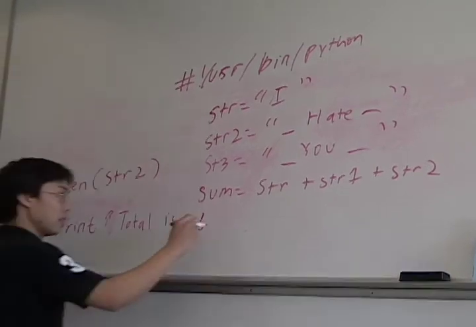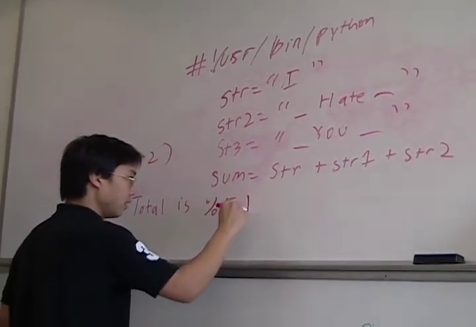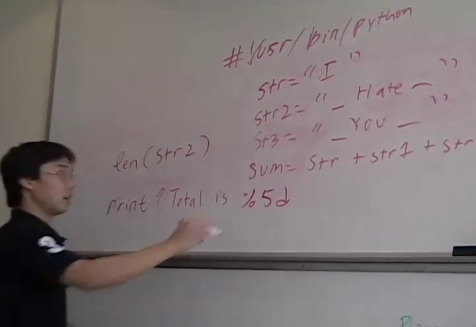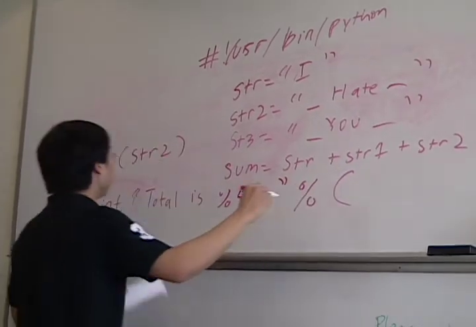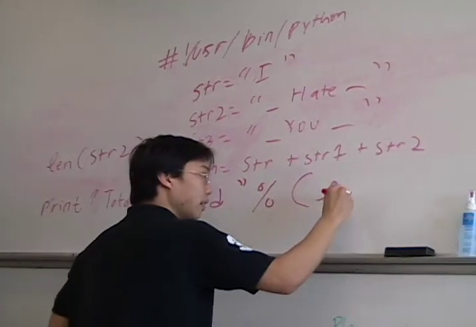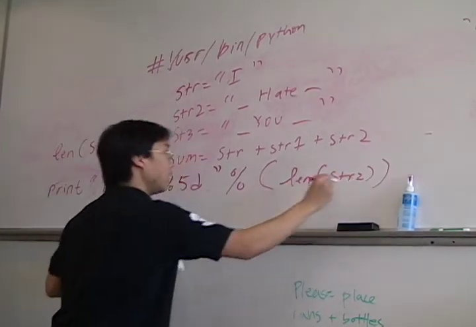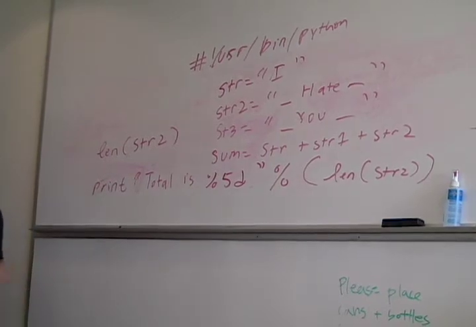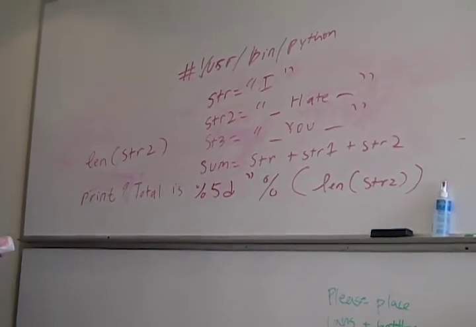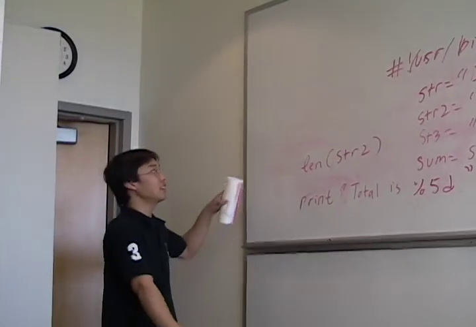Right, so I'll allocate 5 spaces, D, and then I do the modulus to add the variable. So it's going to be len of str2, and it's going to print out total is 6. Alright. Any questions? No? Okay, cool.